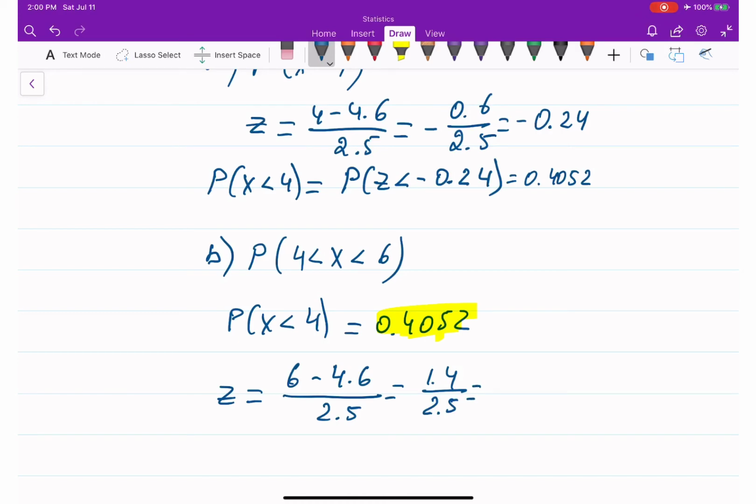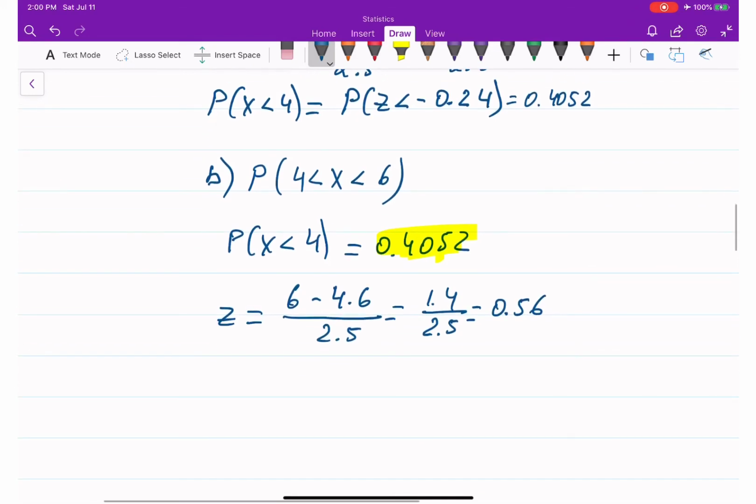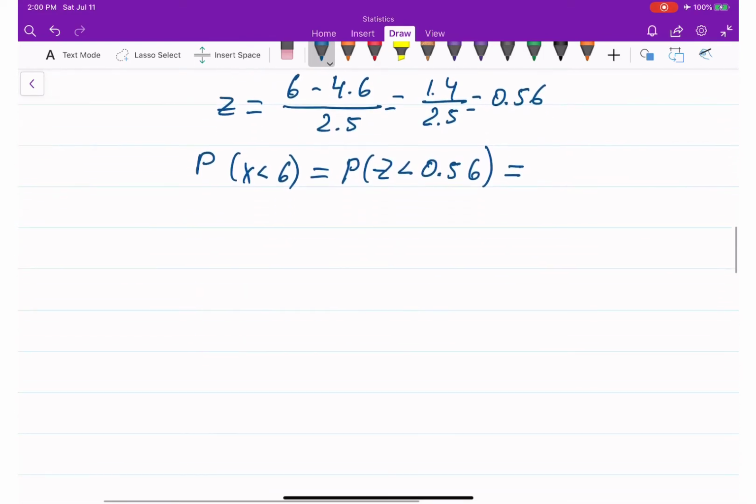It's going to be 0.56. So the probability x is less than 6 is equal to the probability z-score is less than 0.56.